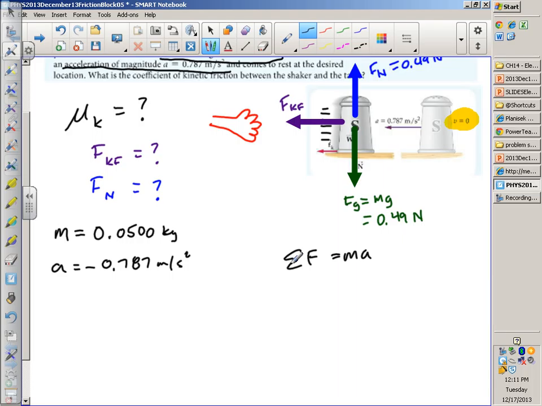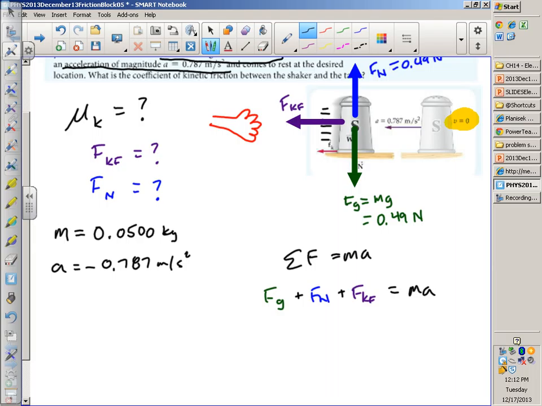Total. The total, or the sum, right? How many forces do we have in this picture? 3. So sigma F, F of G plus F of N plus F of K, all together equal m times a.